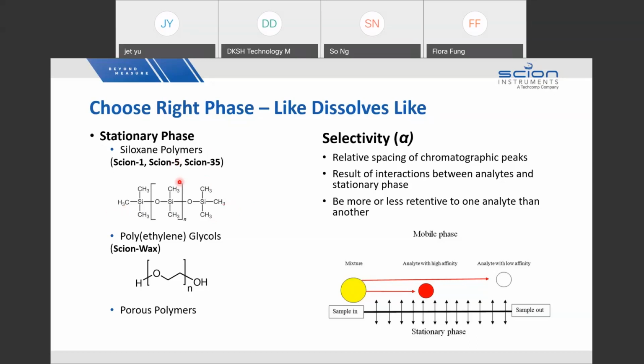Well, 5% means a few of the groups are modified with different compounds, which means the overall properties were changed. 5% of different compounds replace these chemical groups. This 5% or 35% may be more polar.